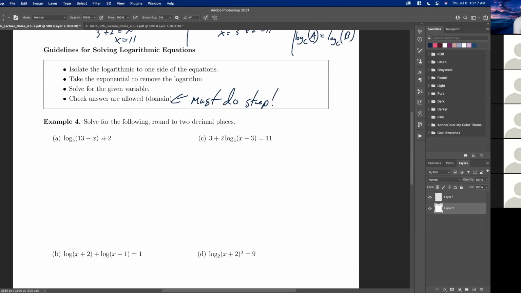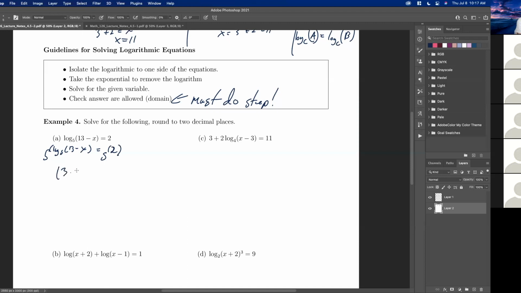All right, so let's do these. So here, I'm just going to take 5 and raise it to the log base 5 of 13 minus x equals 5 raised to the power of 2. Once we do that, these cancel.